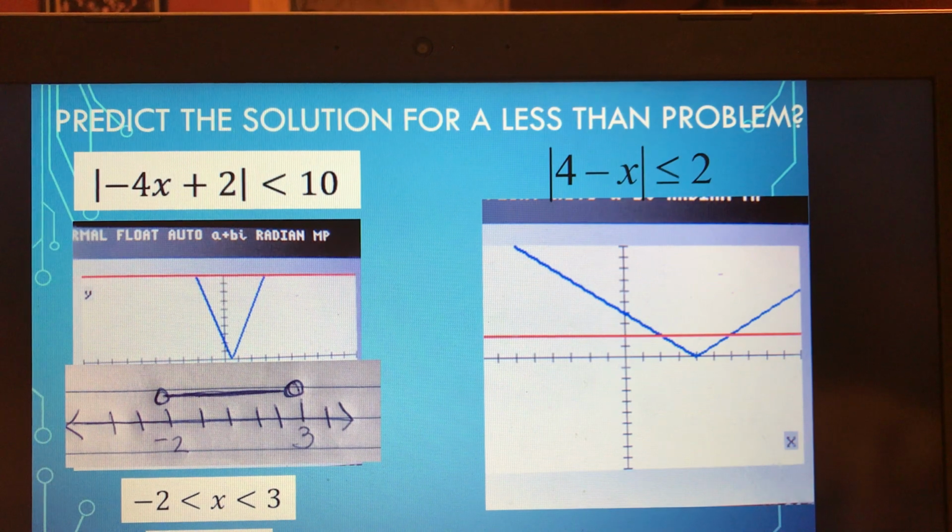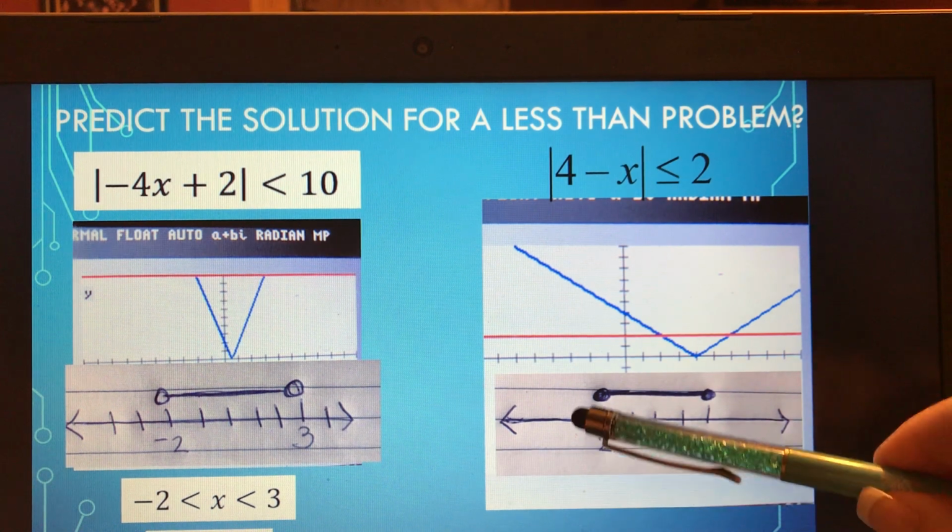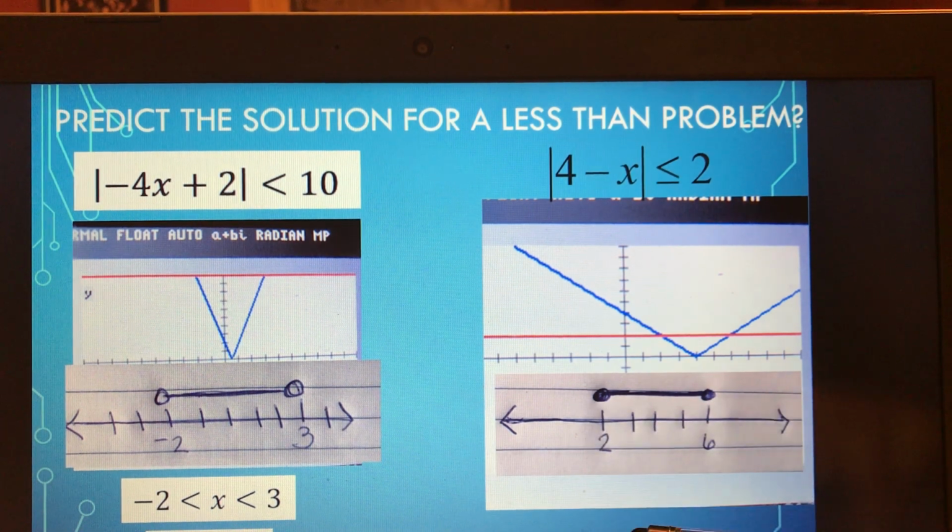There's no break. So when we graph our solutions on the number line, we have from 2 to 6. Inequality notation, x is between 2 and 6. Notice that we do have the lines. And then we have brackets between 2 and 6 for our interval notation.